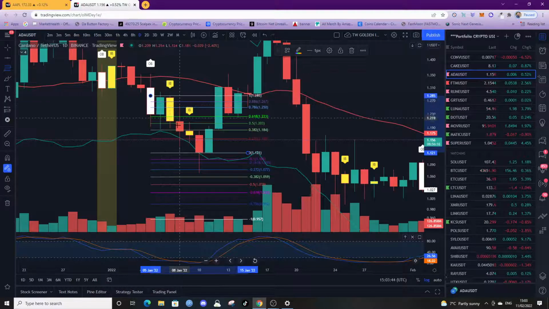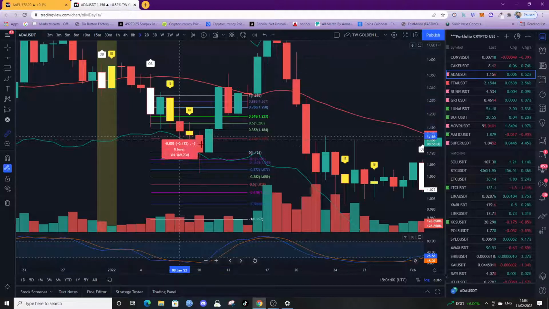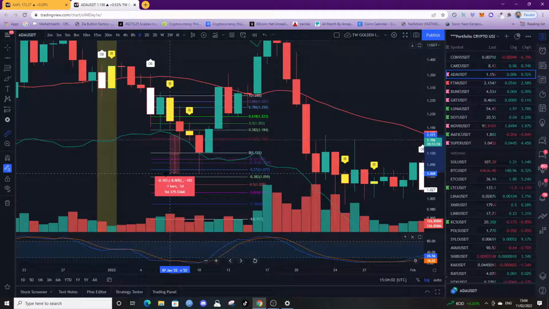But if you miss that move on the fib, you've been given another chance here on the inside bar to get back in. And let's just say you bought on the close. Still 8% to have there, especially if you're margin trading, it's quite big.